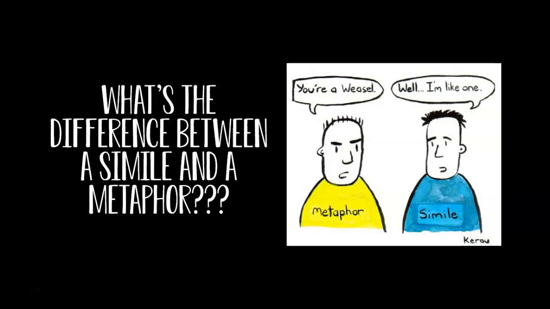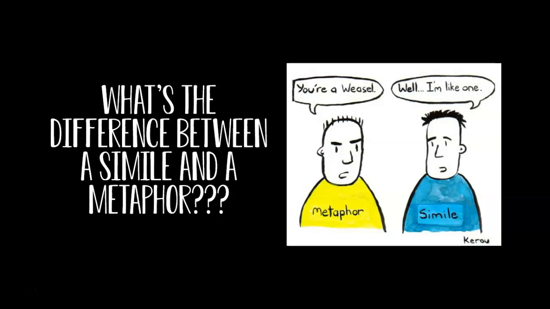Before we can talk about writing a simile and metaphor, let's review a little bit. What's the difference between a simile and a metaphor? So a simile uses the word like or as when it makes a comparison. A metaphor doesn't. So a metaphor might say, you're a weasel.